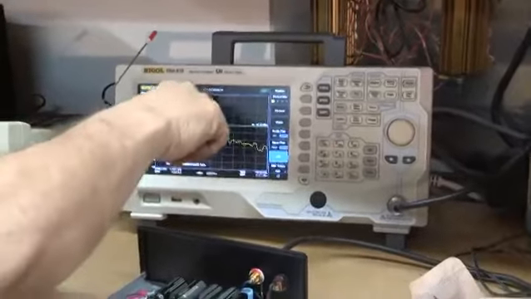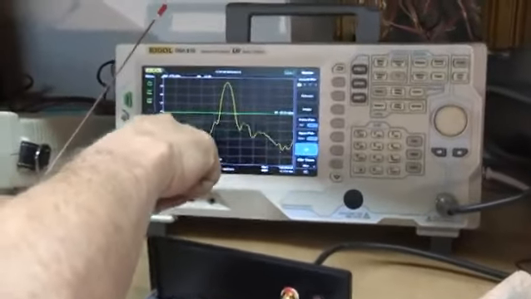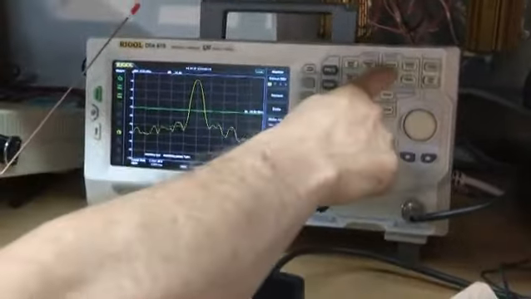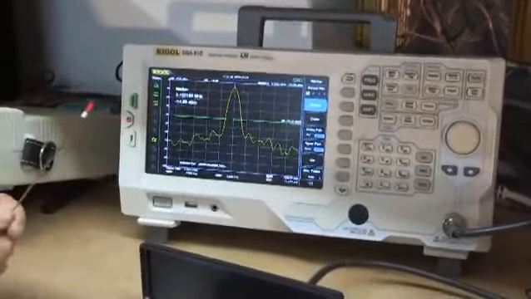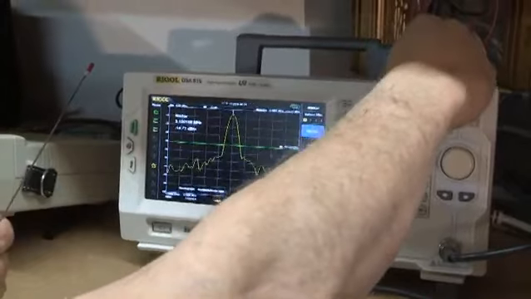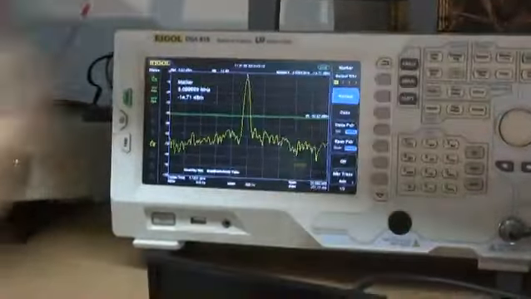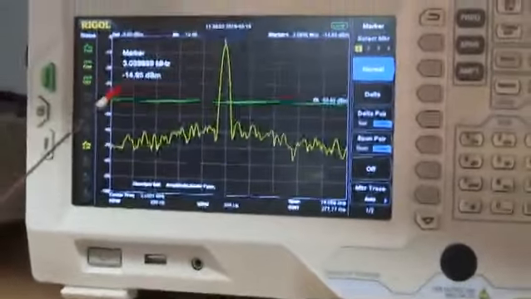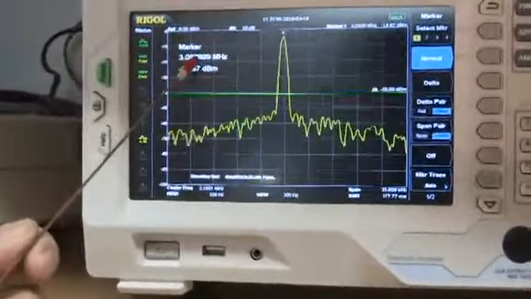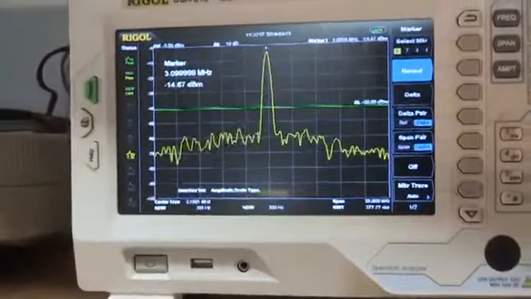Okay, so there's our fundamental frequency, and see all this? We're not modulating at all. Now if we hit the marker button, it appears there, and it's telling us we're sitting right at the peak of this wave at 3.099999, which is 3.1 megahertz.